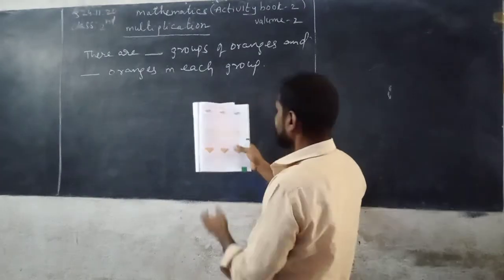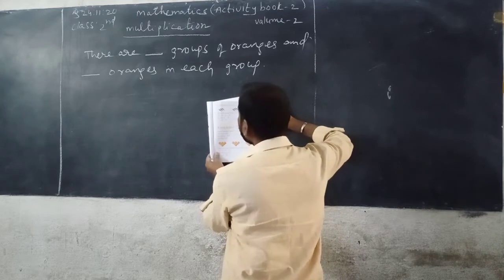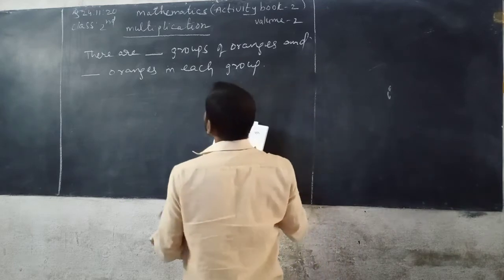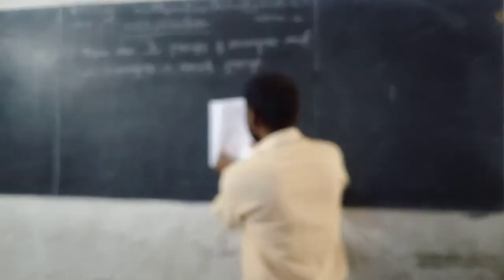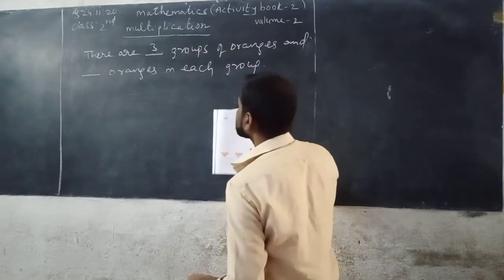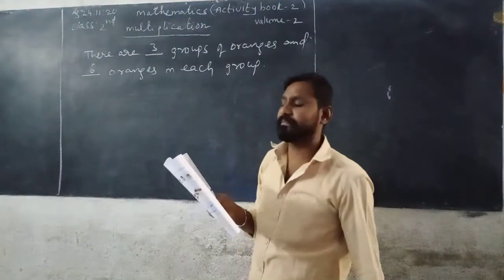See here, everybody, page number 35. How many groups are there, beta? 3 groups of oranges. So how many oranges are there in each group? Count: 1, 2, 3, 4, 5, 6 oranges. Then you can write 6 is repeated 3 times.